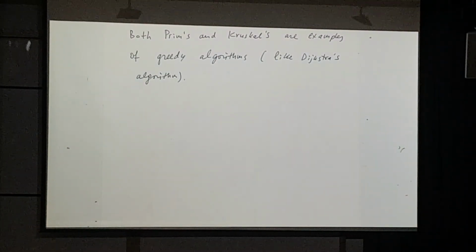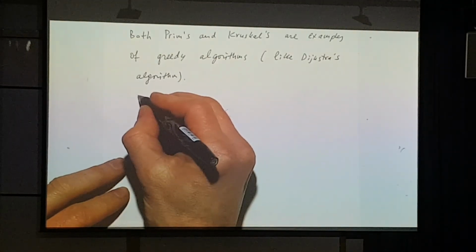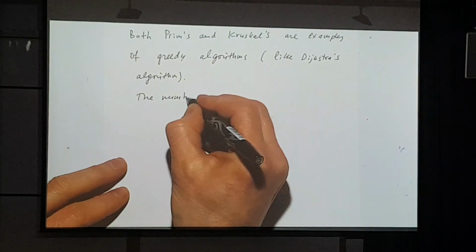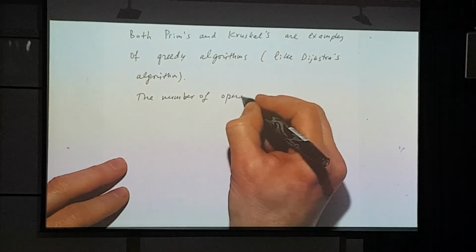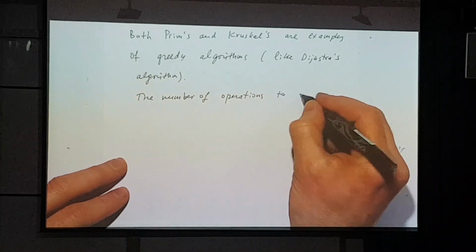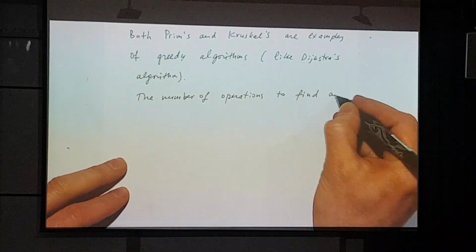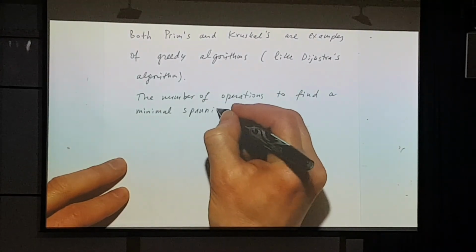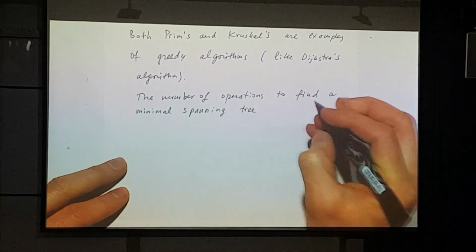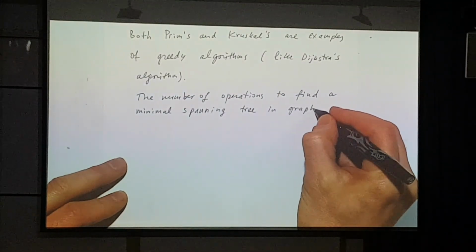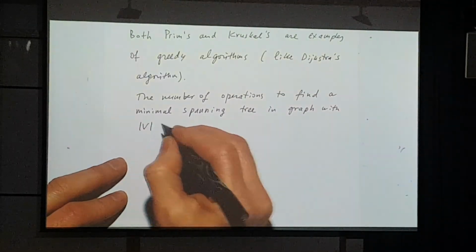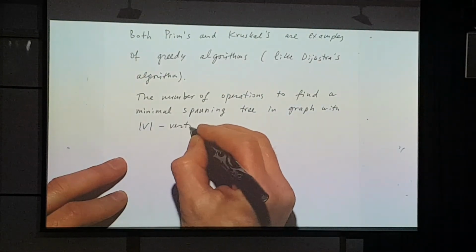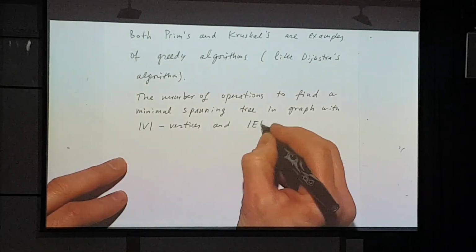So depending on how many edges you have in the graph, either Prim's or Kruskal's can be more advantageous. And in fact, one can prove the following estimate for the number of operations to find a minimal spanning tree in a graph with this many vertices and this many edges.